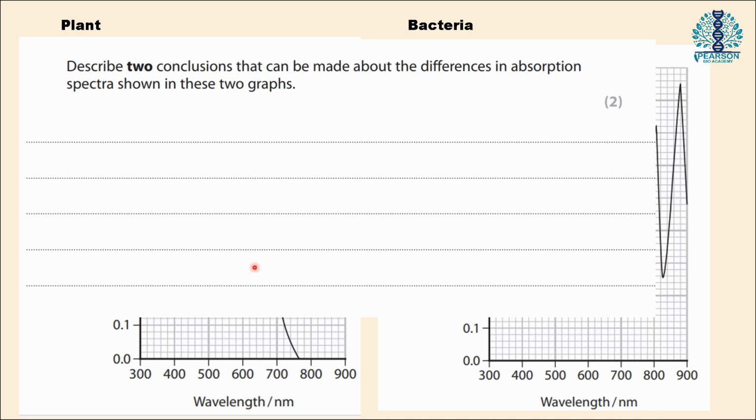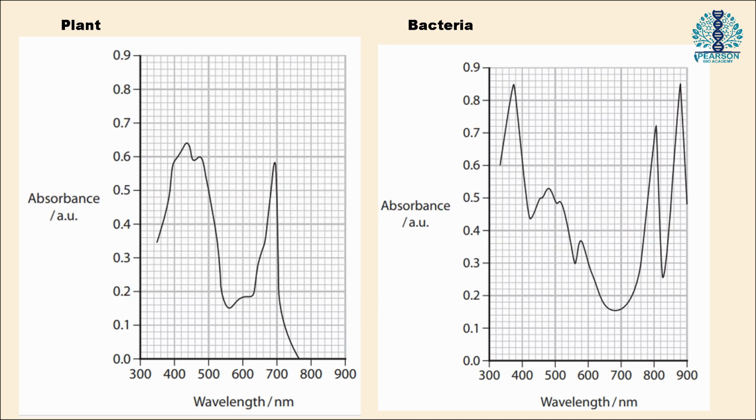So looking at the graphs carefully, one key observation is that the bacterial pigments, compared to the plant pigments, are absorbing a wider range of wavelengths.